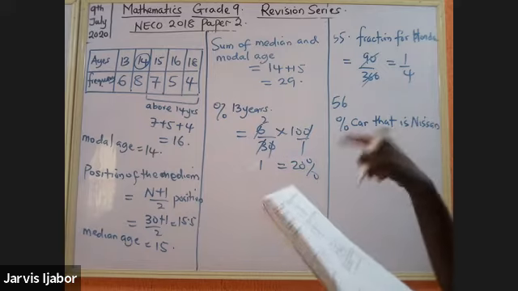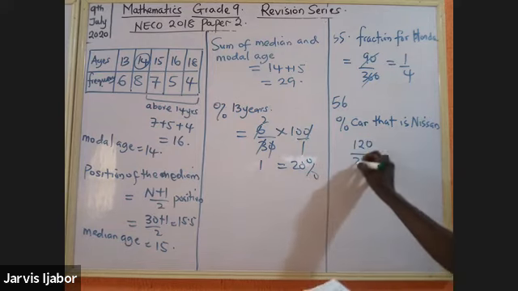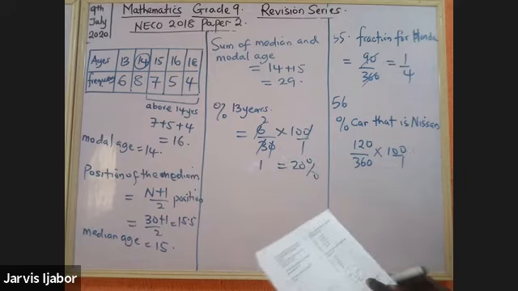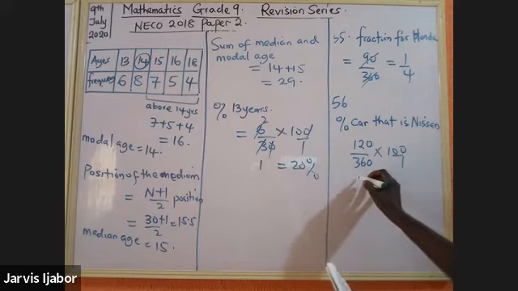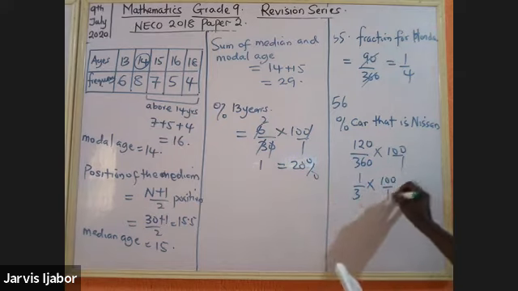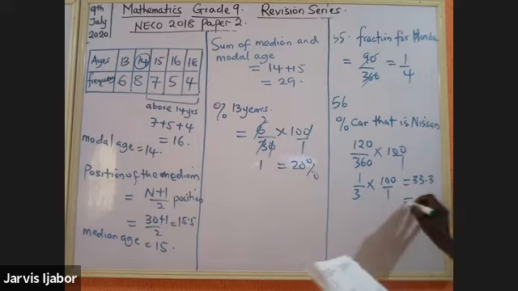What is the sector there? It is 120 divided by 360 times 100 over 1. And that will be 1 over 3 times 100 over 1. So that will be 33.3 something, so approximately 33%.